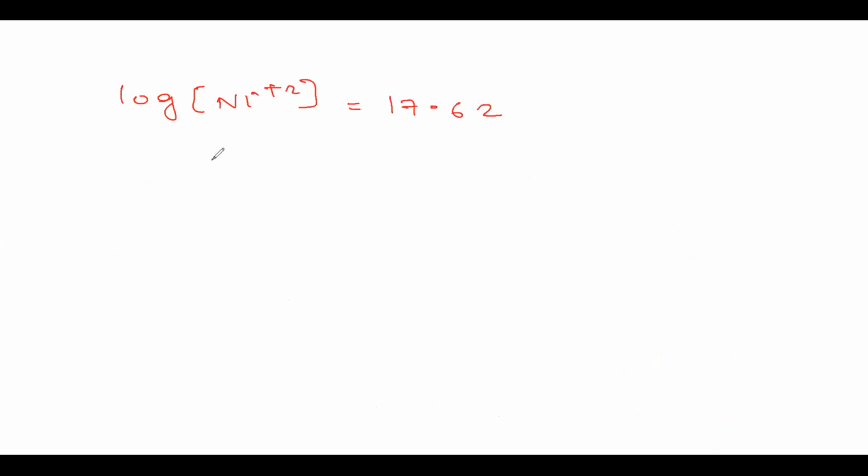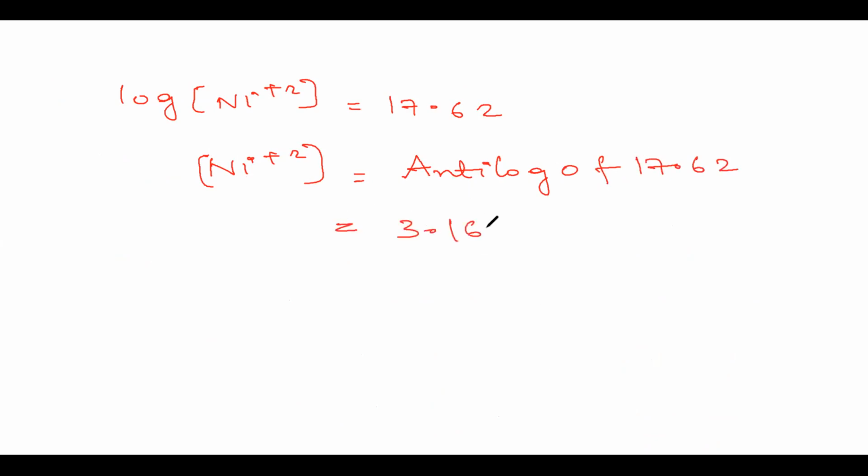So only the concentration of Ni plus 2 we have to take. The concentration of Ni plus 2 is equal to the anti-log of 17.62, because log, if you go to that side, becomes anti-log. When writing the anti-log, 17.62 comes as a power of 10. So the answer will be 3.164 into 10 to the power of minus 18 M, capital M, the molarity of the nitrate solution.